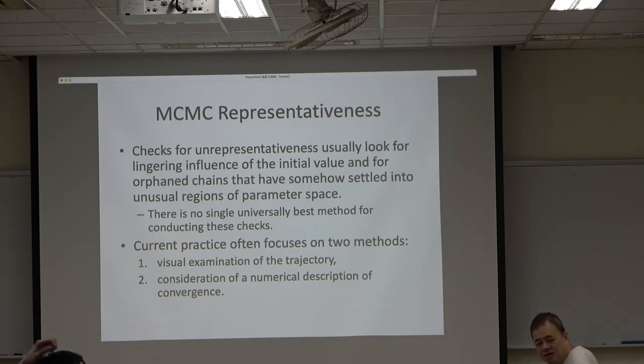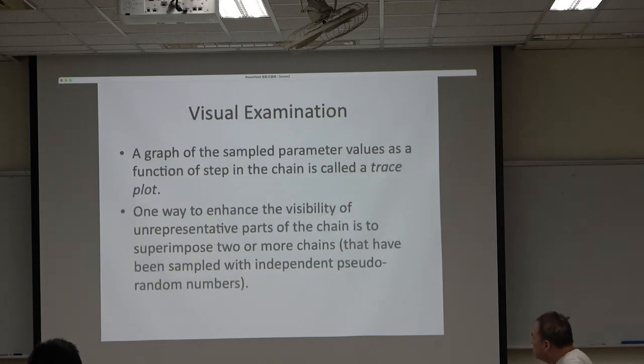The reason I want to cover this part is just to show you some of those things. So first, a visual examination, when you generate samples using any of the MCMC sampling techniques.